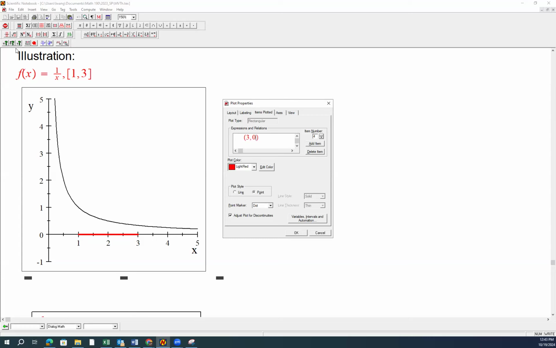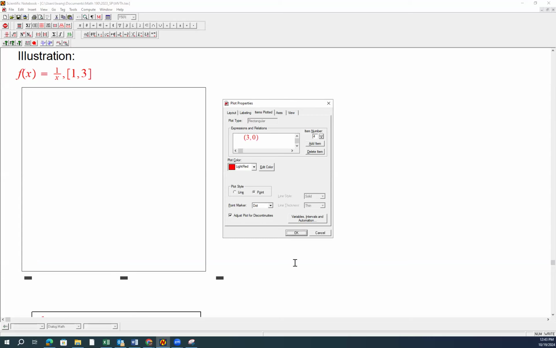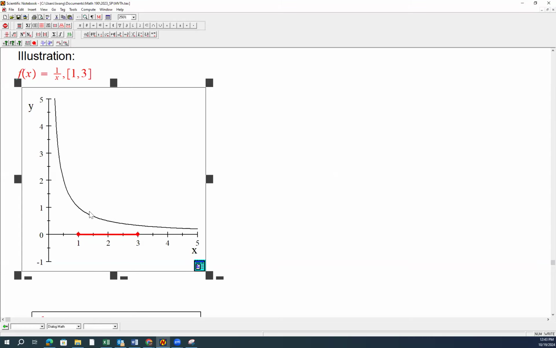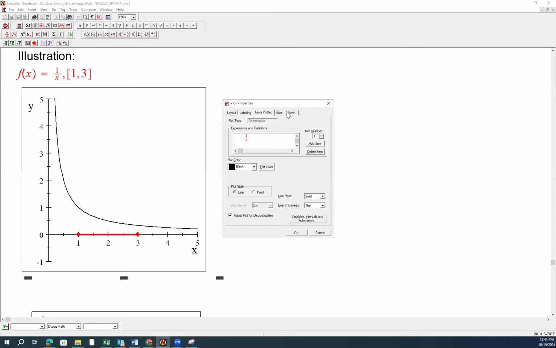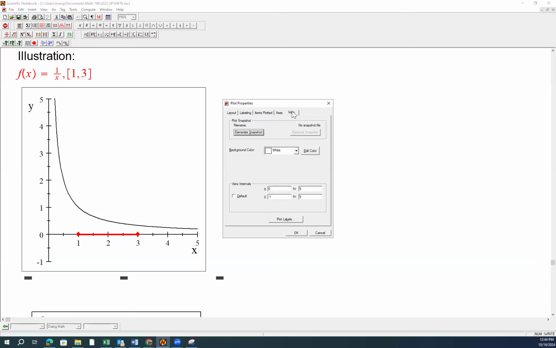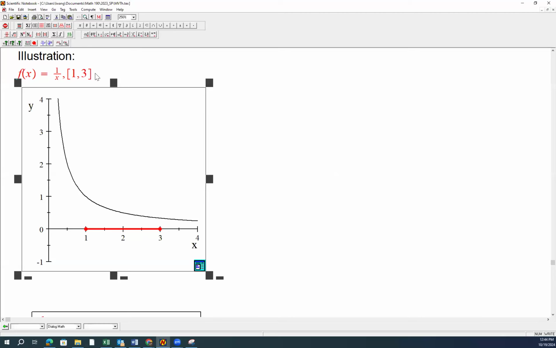3, 0. Right there. Okay. And of course, we know this dot and that dot, we're going to connect the dots. I think we don't need this picture to have so much. So maybe just 4, and this is 4. Okay, I just made some adjustment to the picture.